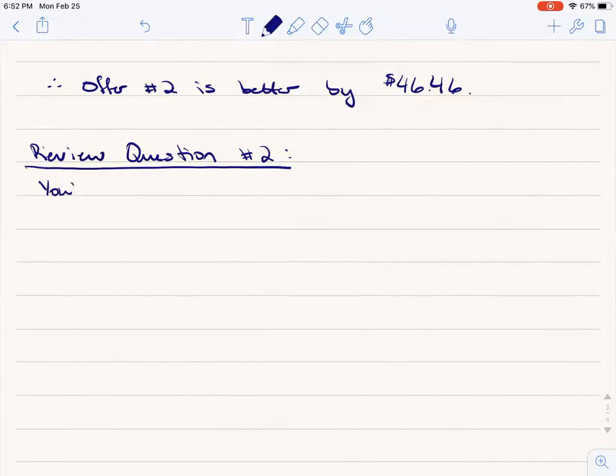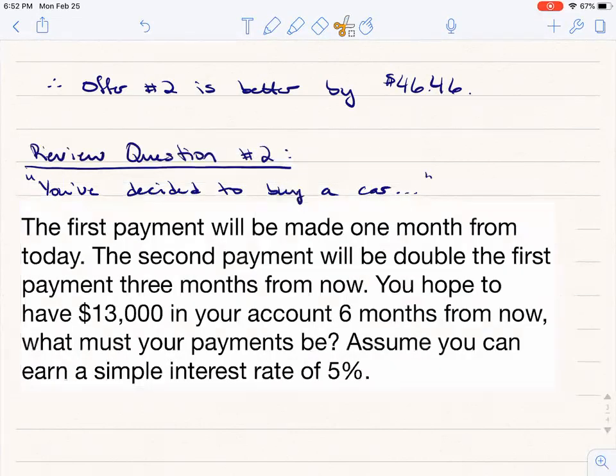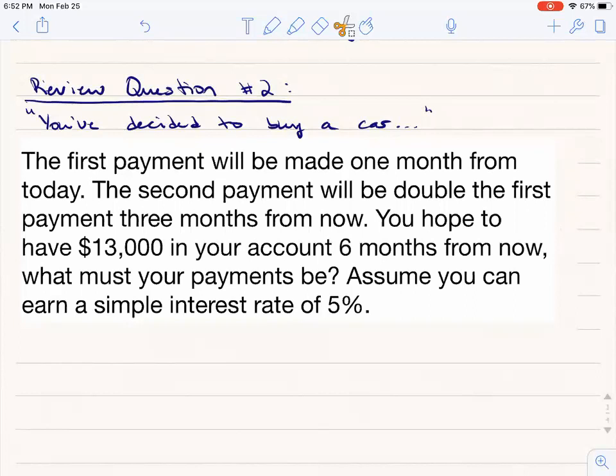I'm just adding, you've decided to buy a car. To buy a car is what the question said. And then here is everything that I added. So here's a review problem of finding these unknown payment amounts.